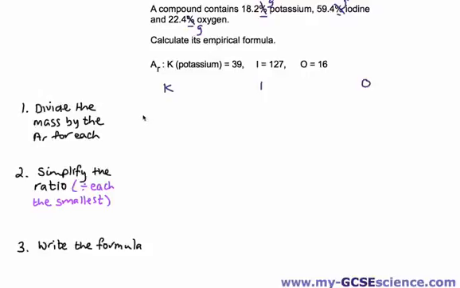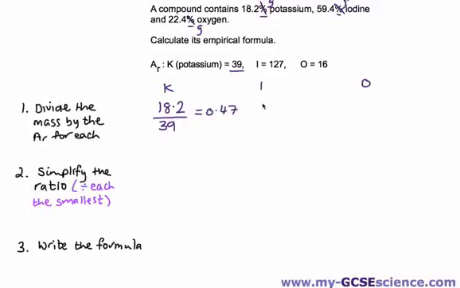So to work out the empirical formula, stage 1, divide the mass by the relative atomic mass for each. We've got a mass of 18.2 for potassium, and we need that number there, which is 39. So divide by 39, and the answer is 0.47. We do a similar thing for iodine.